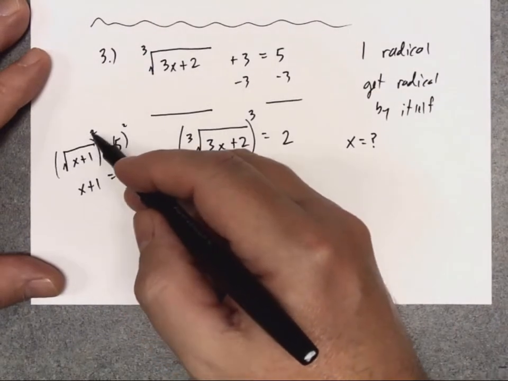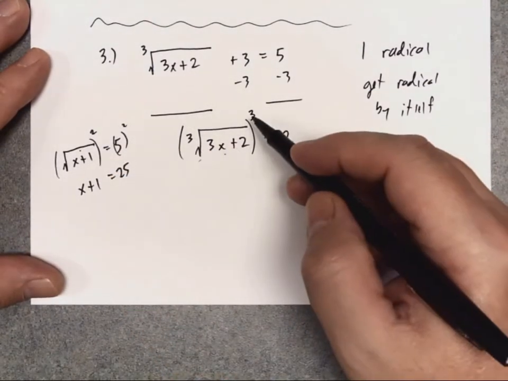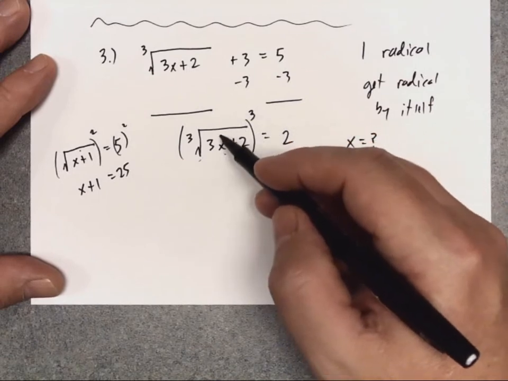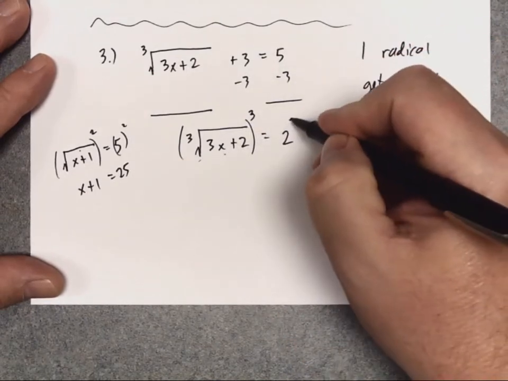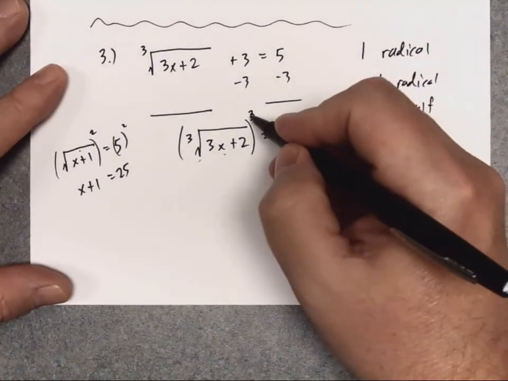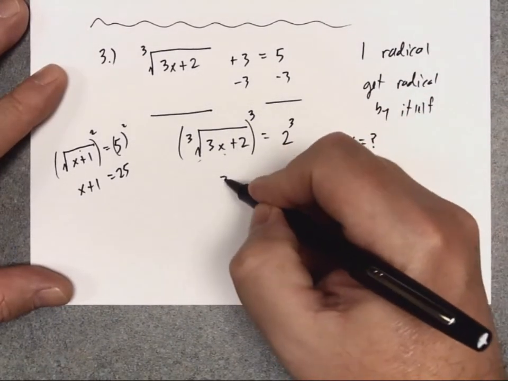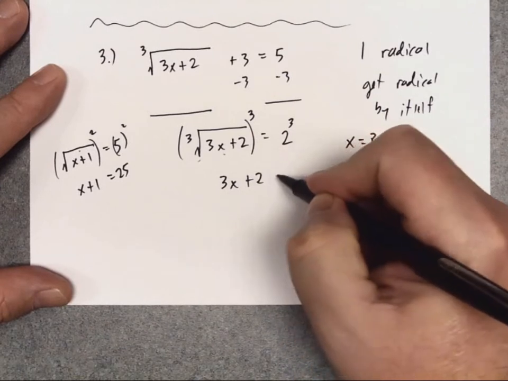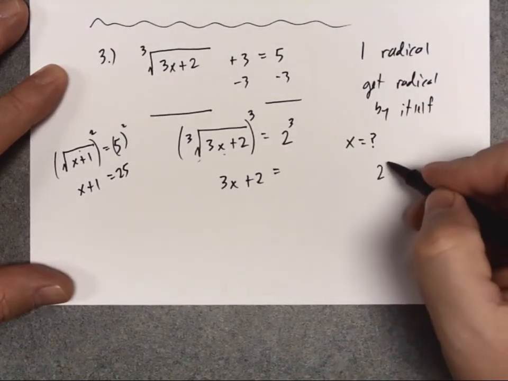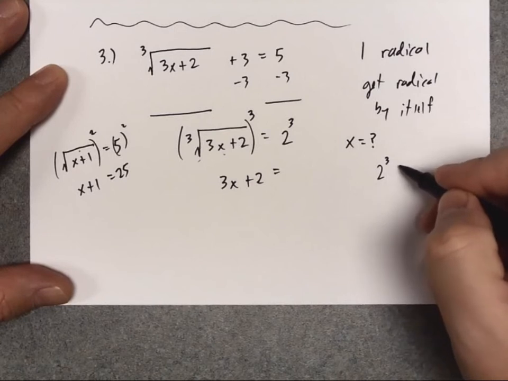Just like over here you square a square root, here I'm going to cube a cube root. But of course, I have to cube both sides. So when you cube a cube root, you're just left with what's inside. And 2 cubed, please, I've had students do this.